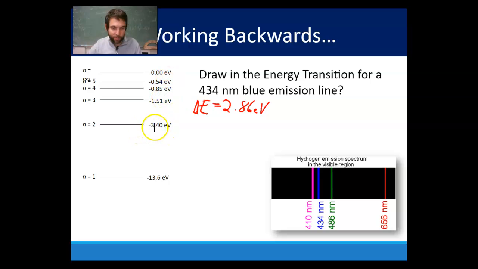Looks like we're probably going to end up on n equals 2, right? And then that would be a good starting place. And then I would just say, okay, 3.4 minus 2.86, and I got 0.54. That's it. Knowing how to do that is going to help you and ensure that you're passing this exam.